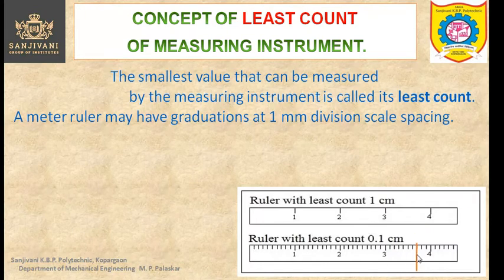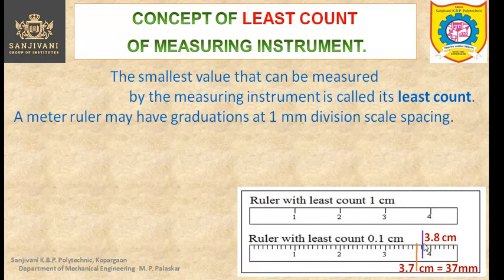Here if you take the value from 0, you will find that the distance from 0 of this line is nothing but 3.7 centimeter, that is 37 millimeters. But if you go one graduation ahead, the immediately adjacent marking, the next marking, you will find that the distance is 3.8 centimeters.